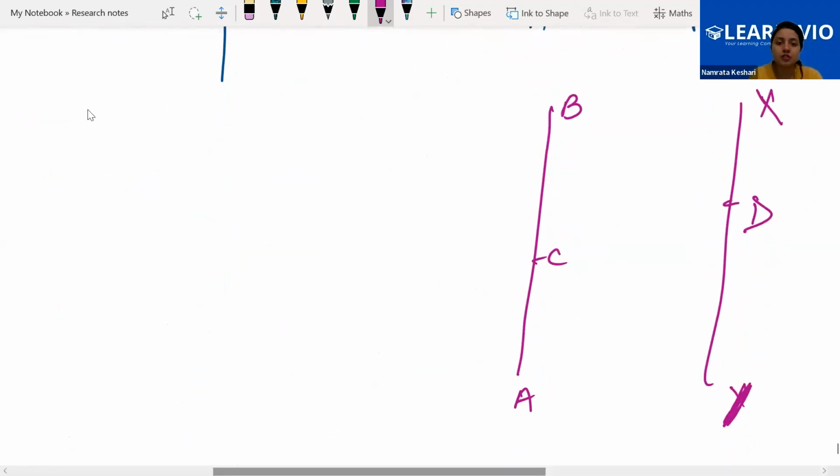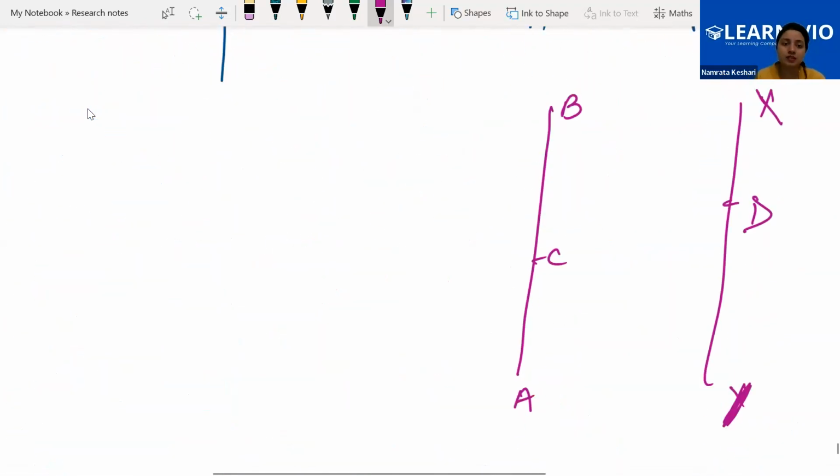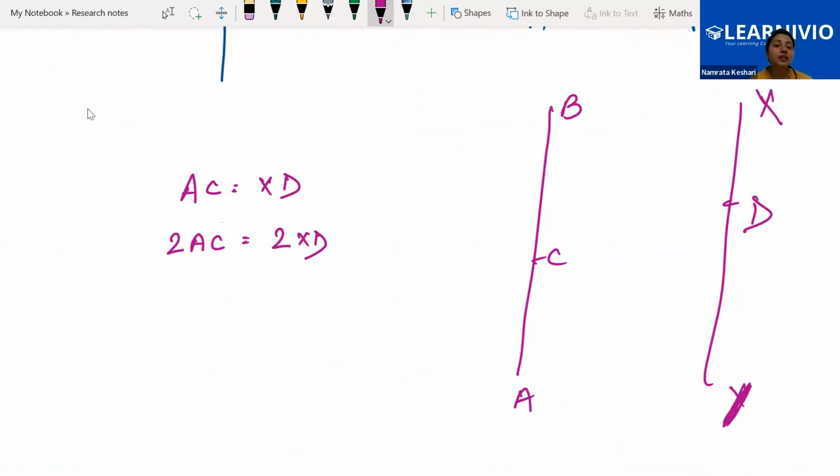The given information is AC is equal to XD. We can multiply 2 on both sides: 2AC is equal to 2XD. Because in any equation, adding the same number on both sides is allowed, multiplying the same number on both sides is allowed, dividing the same number on both sides is allowed, subtracting the same number on both sides is allowed.